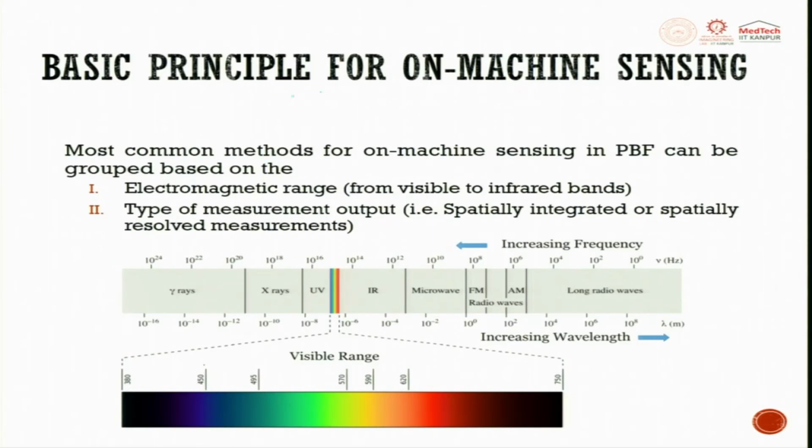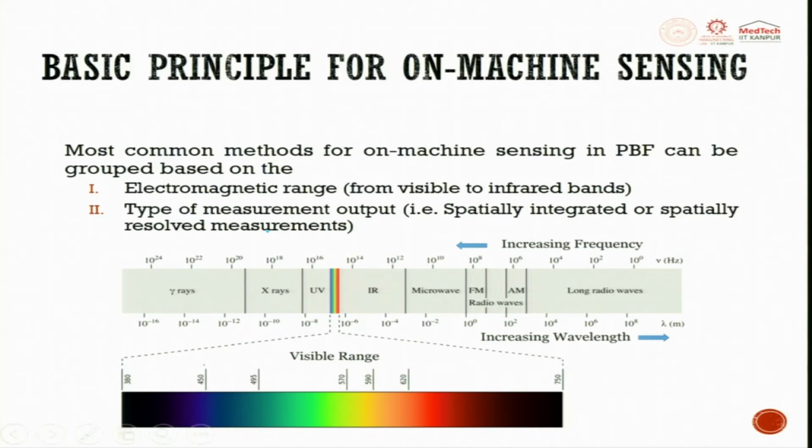So the principles for online machine sensing will use the visual range. Most common methods for on-machine sensing of powder bed fusion can be grouped based on the electromagnetic range from visible to infrared band. The type of measurement output can be spatially integrated or spatially resolved.